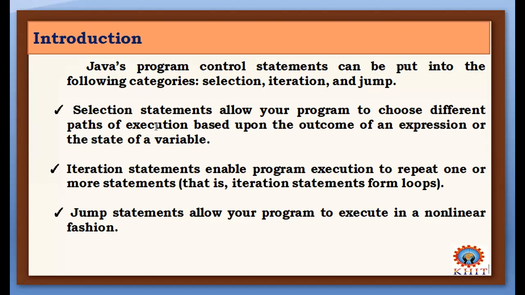Whereas jump statements allow you to execute in a non-linear fashion. That means there is no particular order. You may be required to jump from one location to another, or one class to another, or one method to another. So it's not like a particular pattern will be followed. As required, you want to go to that location, or you want to go to that instruction of the program.